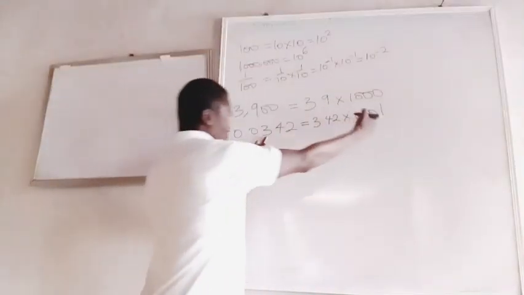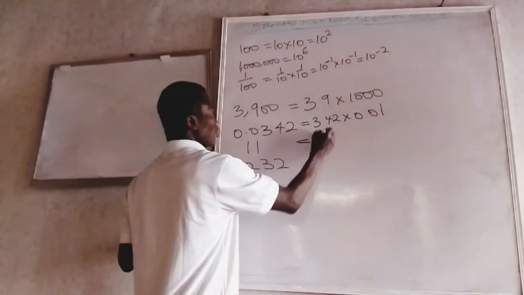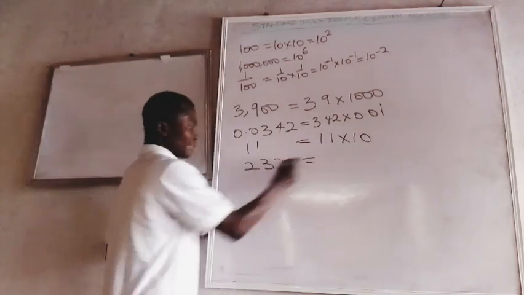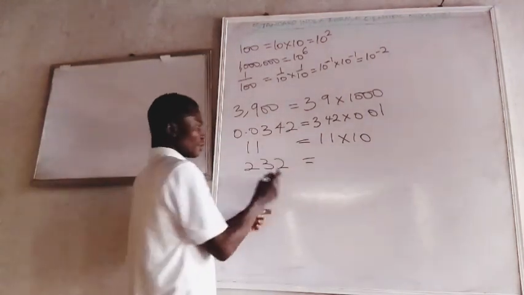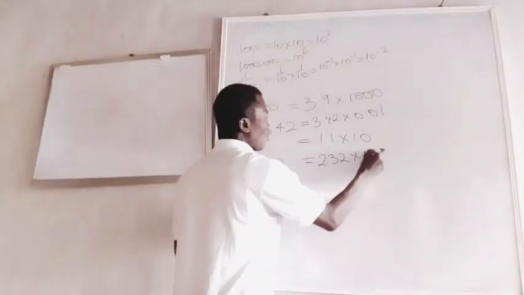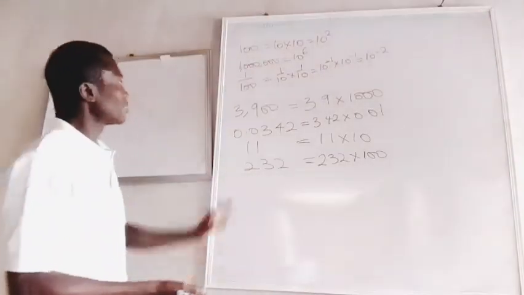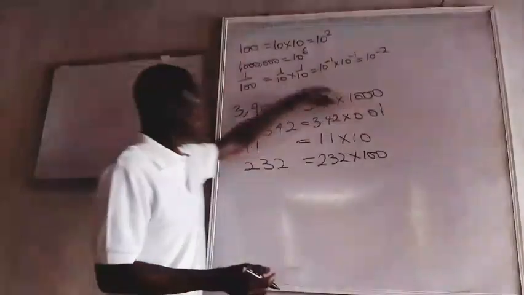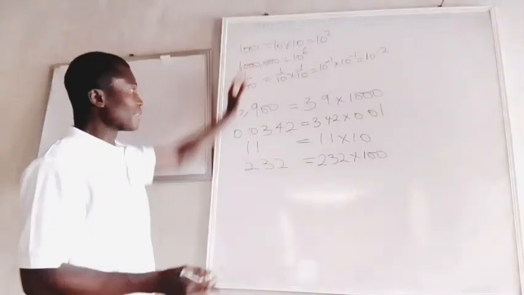After this, this is going to be 1.1 times 10. And this is going to be, you can see, 232. So we are going to have 2.32 times 100. Once you can express any number and break it down like this, you have already conquered standard form.